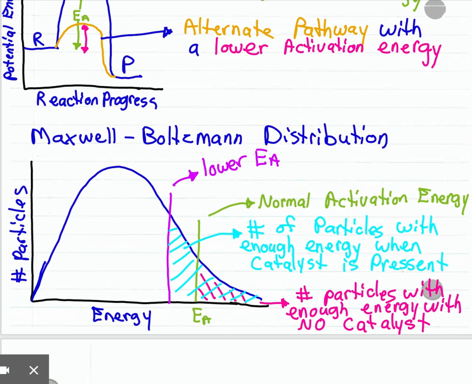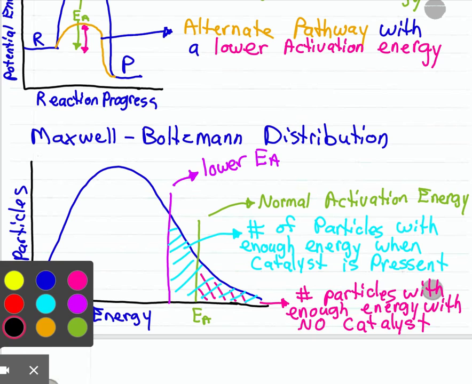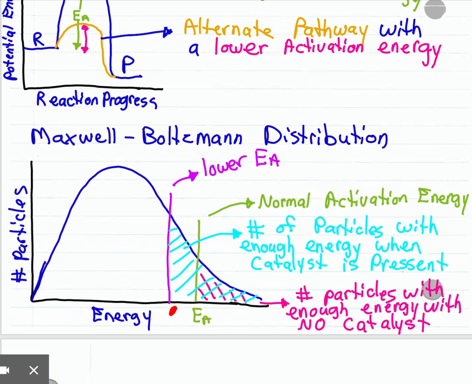But when you have a lower activation energy, shown here with the purple, now there's more particles under that curve. So now everything highlighted in blue, that is the number of particles with enough energy when the catalyst is present.